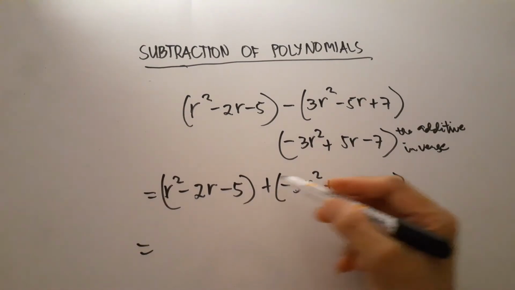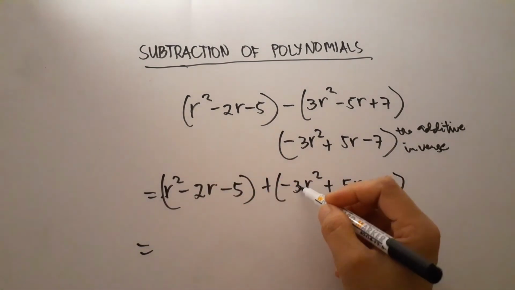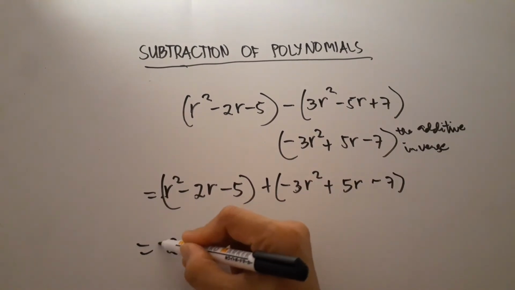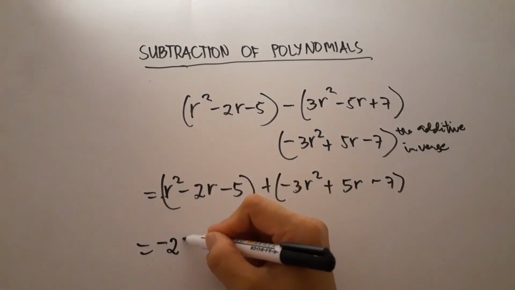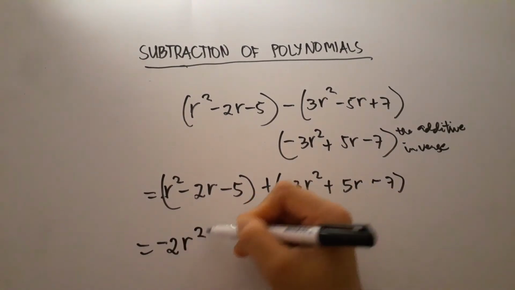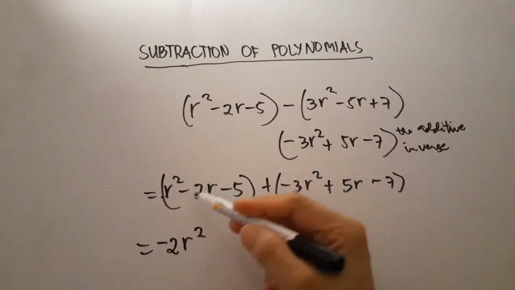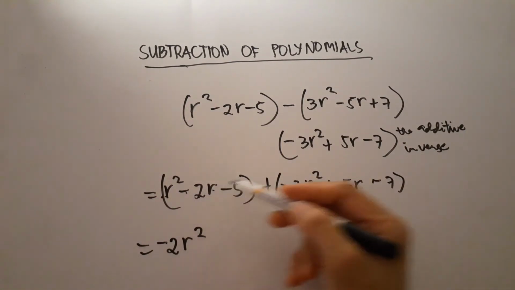Since the larger value is 3, we can copy the sign, which is negative, 2r squared, because 3 minus 1, since there is 1 in r squared, so the answer is negative 2r squared.